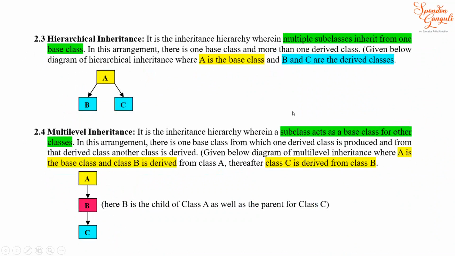Further, next, we have hierarchical inheritance. It is the inheritance hierarchy wherein multiple subclasses inherit from one base class. So in the diagram given below, we can see class A is the parent class which is being inherited by two child classes B and C. It can be many more. So one base class is inherited by multiple child classes.